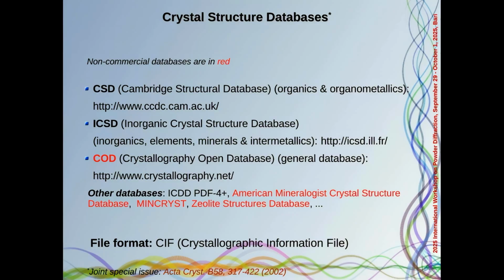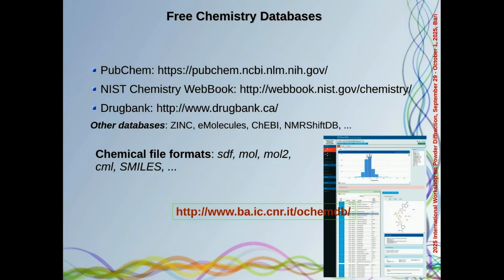When you retrieve a molecule from this database, you get a CIF file, which is the most common file used to exchange information in crystallography. At the same time, there are some free chemistry databases that you can use to get general chemical information about your compounds.